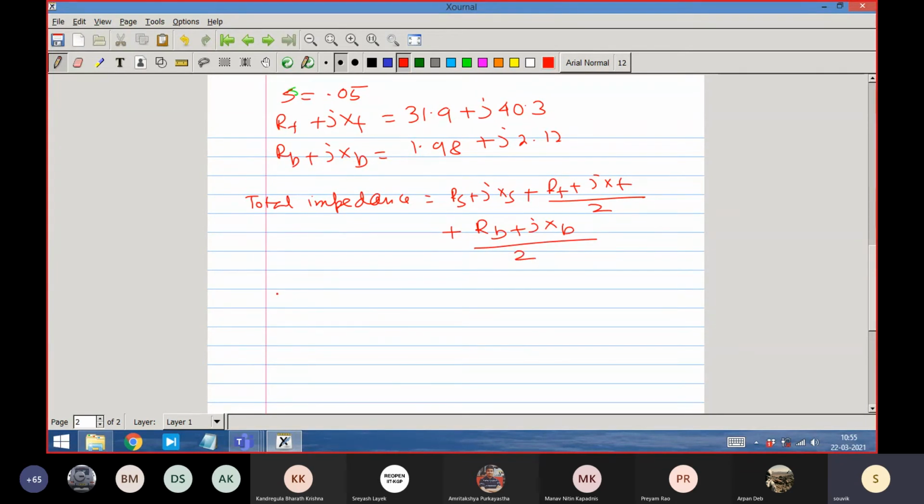Which will be equal to 2.02 plus j2.79 plus 15.95 plus j20.15 plus 0.99 plus j1.06, which is equal to 30.6 at an angle of 51.7 degree. This is the total impedance.